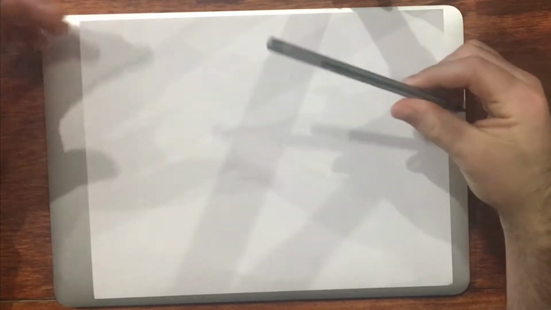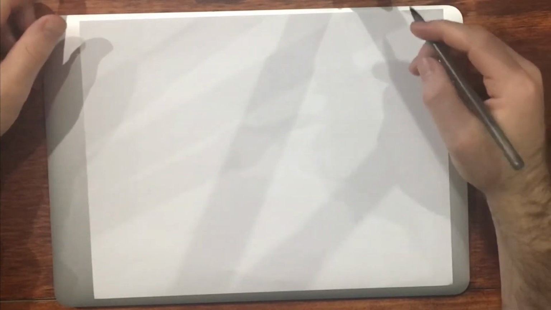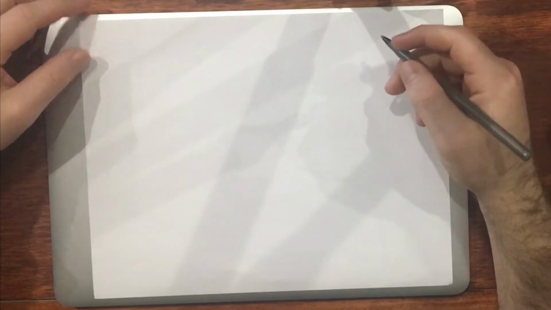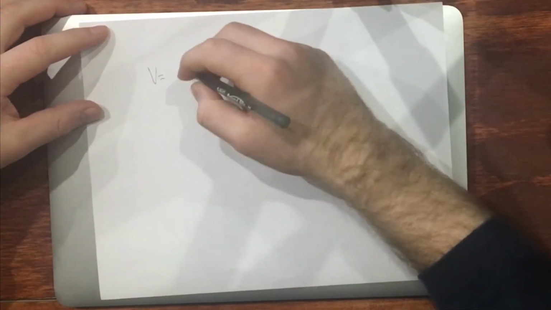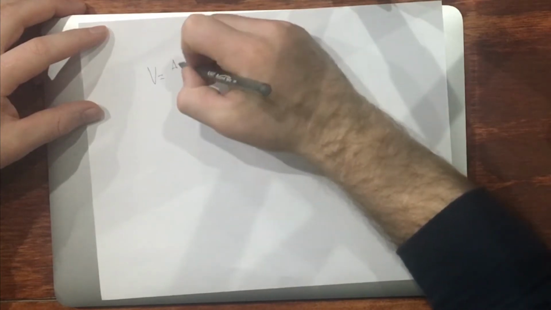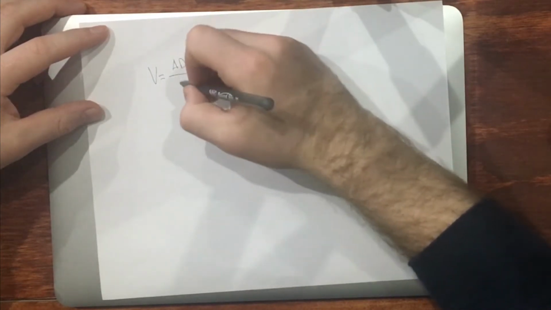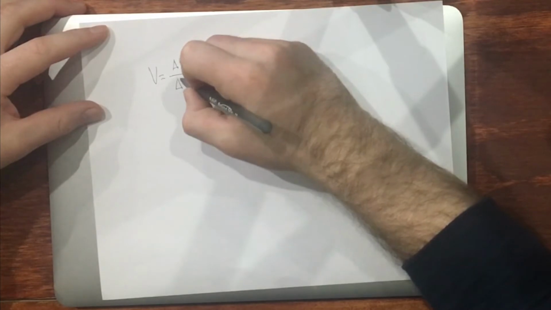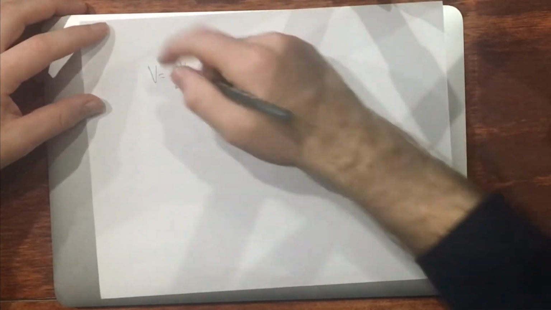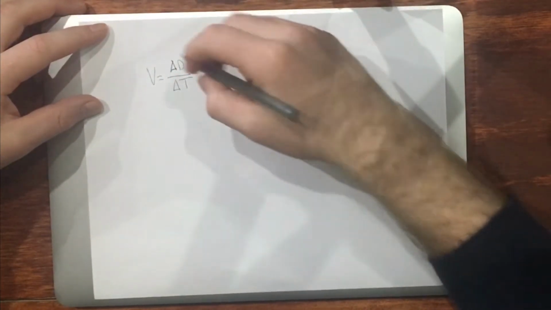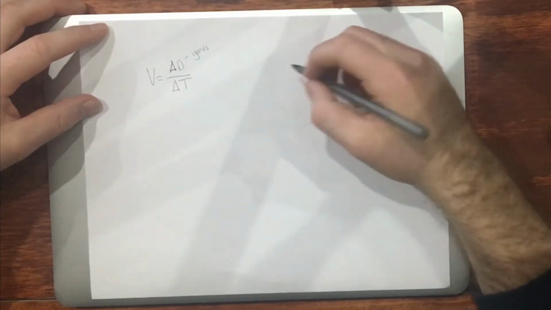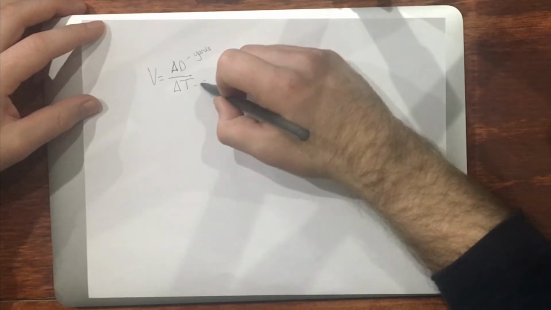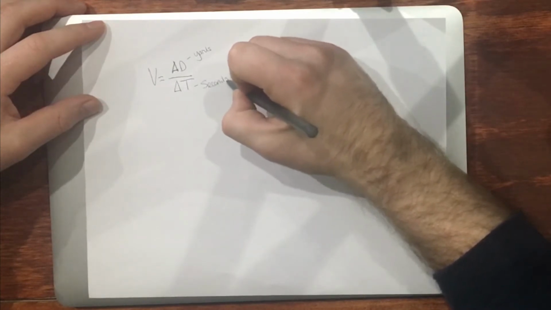Okay, now that we have performed our experiment, it is time to do our calculations. So let's review. Velocity equals the change of distance over your change of time. Right now, our change of distance is measured in yards, and our time is measured in seconds.